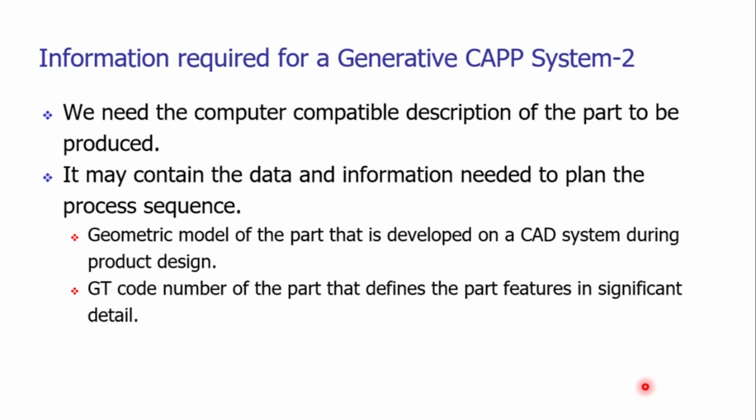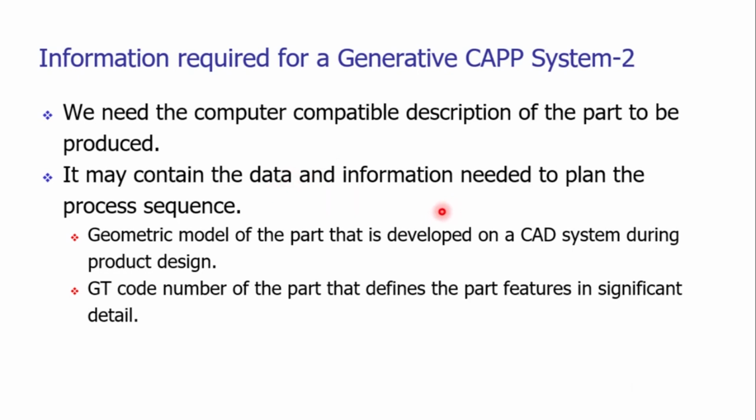So we have to convert the raw data in terms of the process plan into a format which is compatible with the computers. For that purpose, there has to be a conversion system, a standard way of converting the raw data into computer format. For that purpose, we need to write certain programs as well.